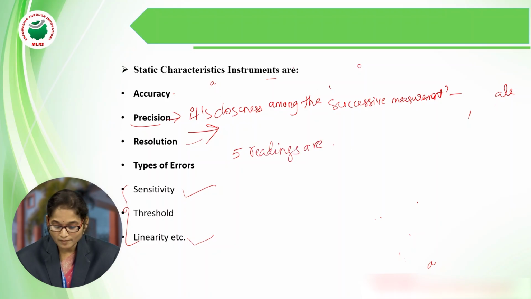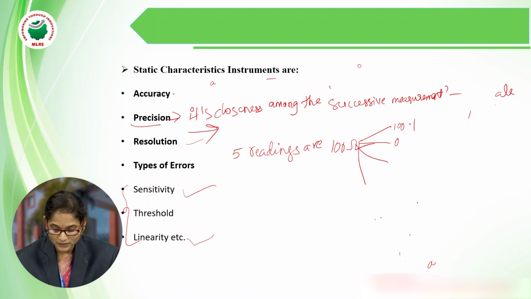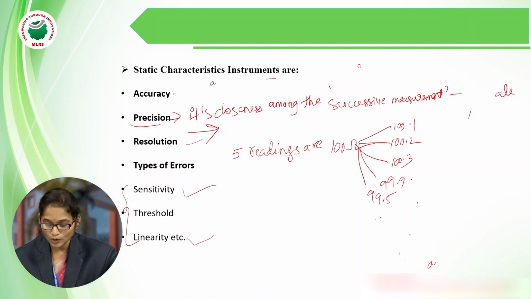If I am measuring a 100 ohm resistance, they are not equal to the true value. When I check the first time, I will get 100.1, 100.2, 100.3, and 99.9, 99.5, like that.